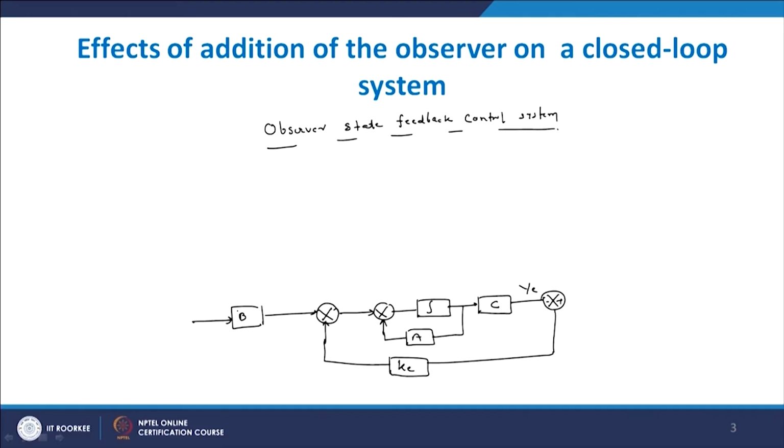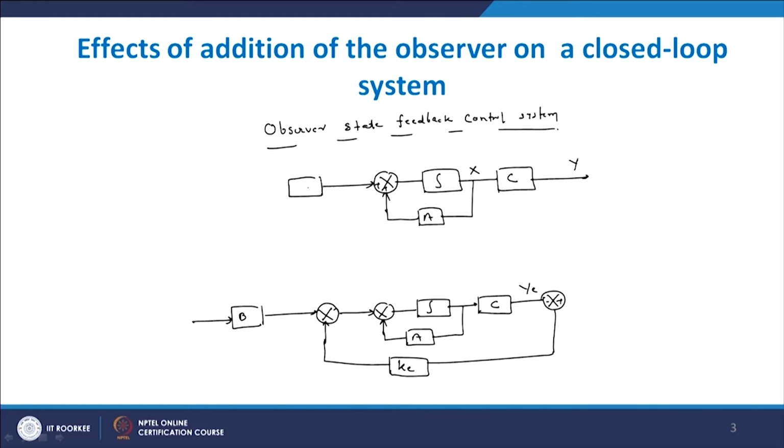Now about the system. This is the C matrix, here is the actual output Y, here is the A matrix again of the system, now here is the B matrix, and now the U is common.